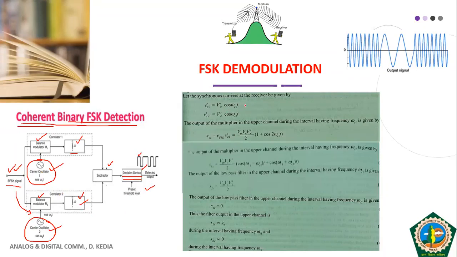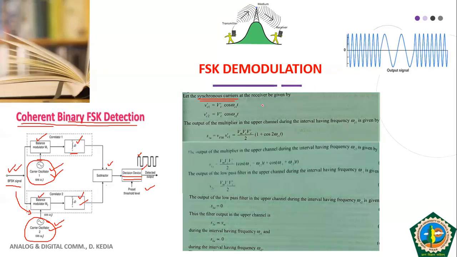So we have two synchronous carriers. This is what I was trying to point out, that the carrier in balance modulator 1 and the carrier in balance modulator 2 need to be synchronous. Their phase must be matched. So I am assuming that my carriers are already synchronized.